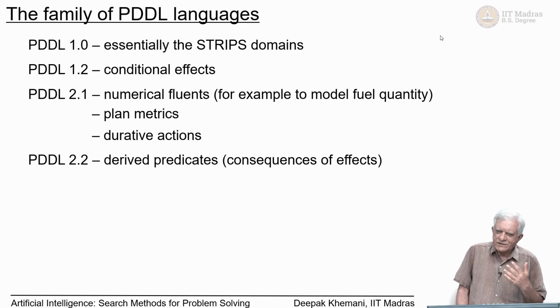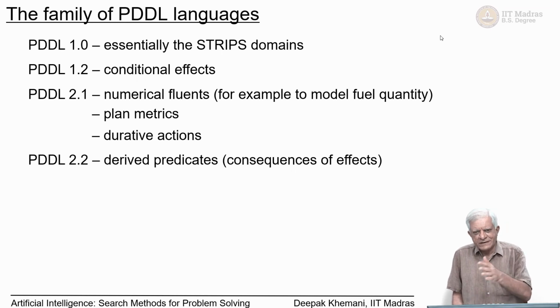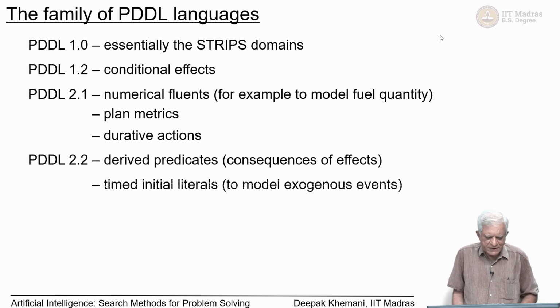That is not described as part of the action of bringing a large block of ice into the room, but it is a derived effect, because if there is a large block of ice in the room, then of course the room will become cooler. So, these are not part of actions, but if the effect becomes true, then certain other things also become true. That is in PDDL 2.2.